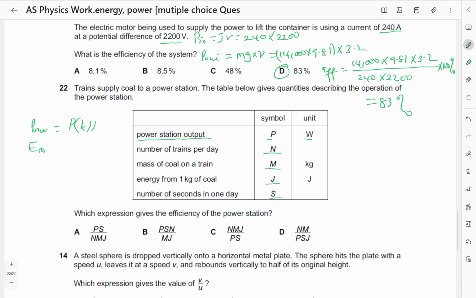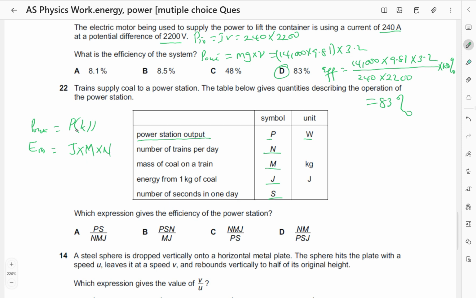Energy input is going to be the energy from 1 kilogram of coal, which is J, times the total mass of the coal, which is M. That is the total energy for one train. But the number of trains is N, so this will be times N. That is the total energy per day.